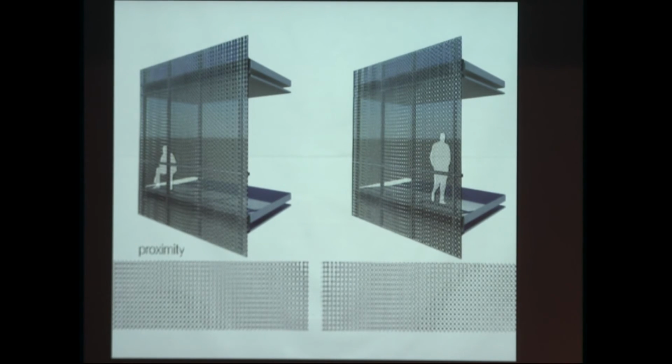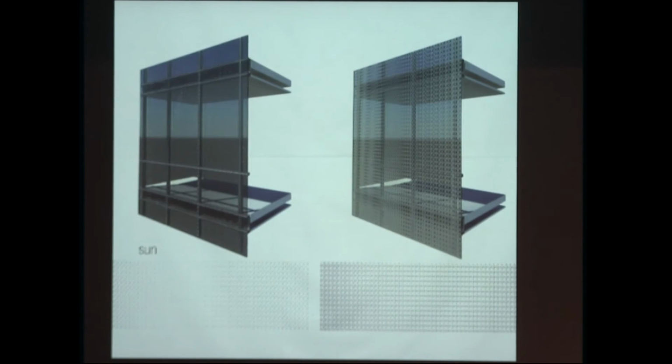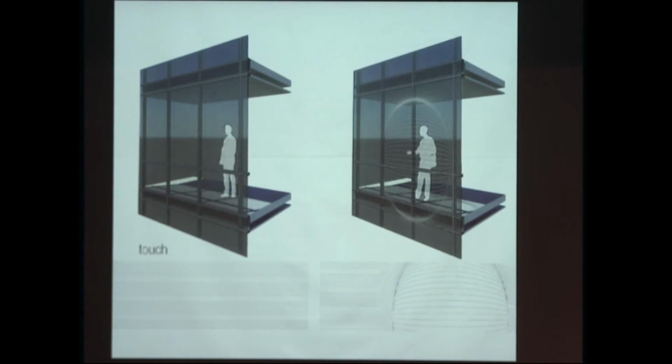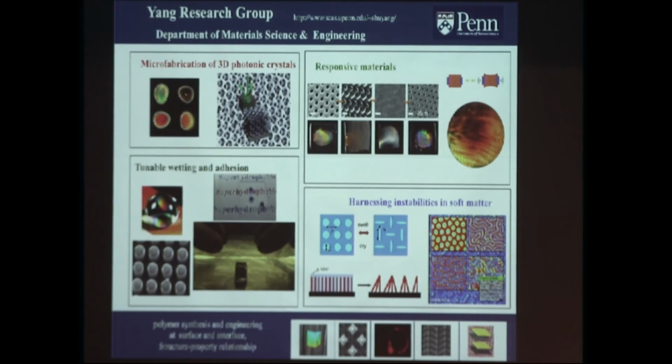And we posit that these skins can be integrated within new building construction as well as within existing building construction. Obviously, we're very interested in how these patterns and geometries respond to the sun, as well as to issues of touch, haptic qualities.